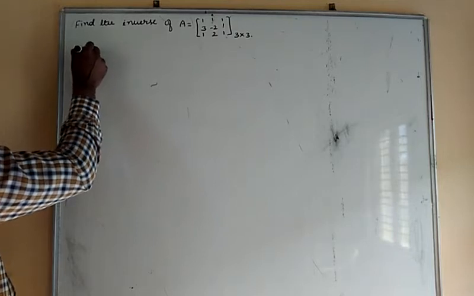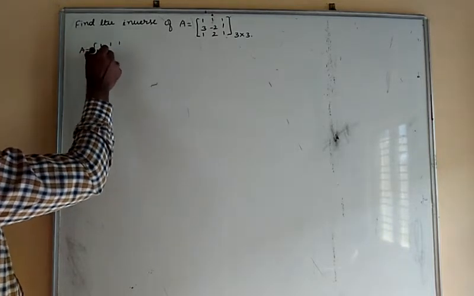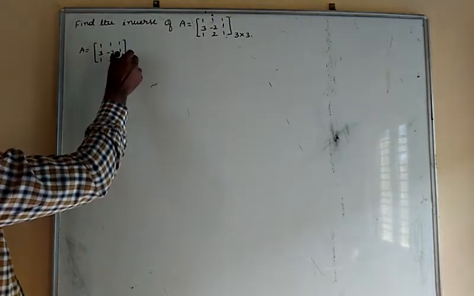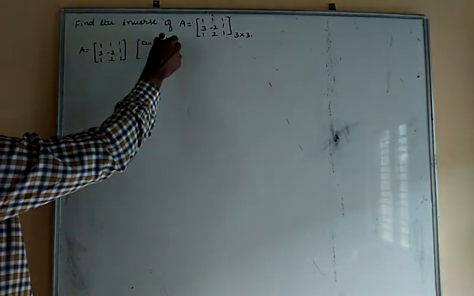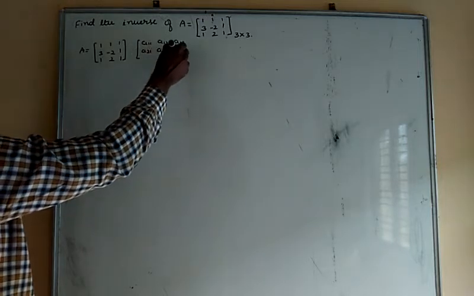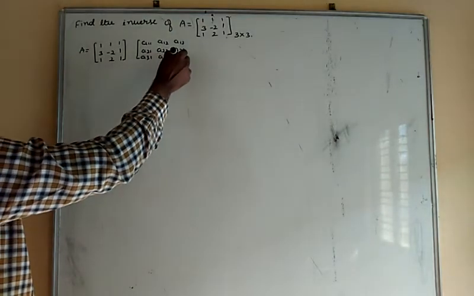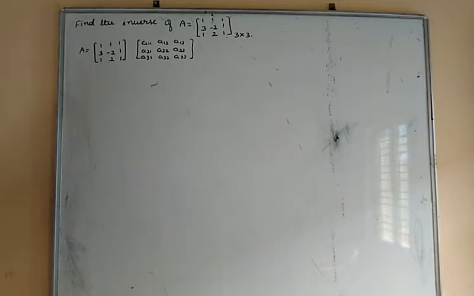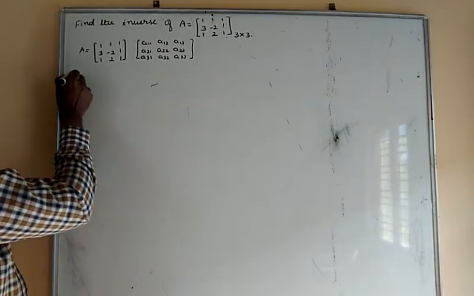What is the given matrix? A, 1 1 1, 3 minus 2 1, 1 2 1. So the general matrix is A11, A12, A13, A21, A22, A23, A31, A32, A33. Now let us find the minors and cofactors first.